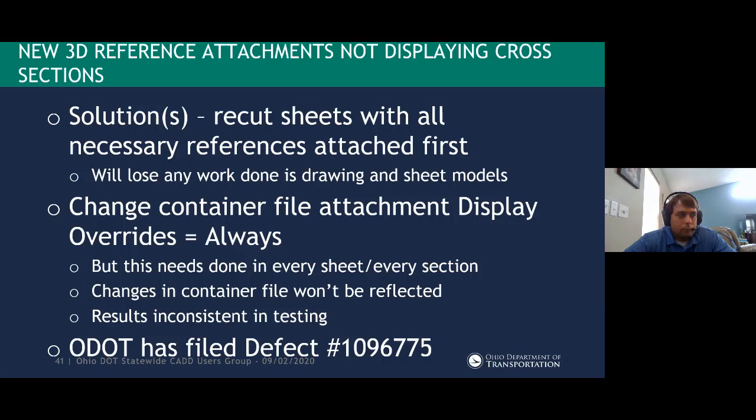The other thing I found that seems to work, but I got really inconsistent results, was to change the attachment display override to always, and then turn that display on. But that wouldn't be done in every section and every sheet, so that's probably not a workflow you want to do either. And once you do that, any changes to that container file won't be reflected. So, as I said, the results there have been inconsistent in the testing that I've done.